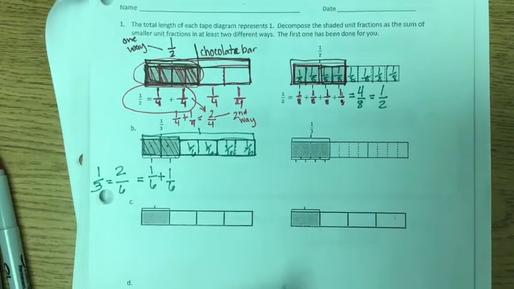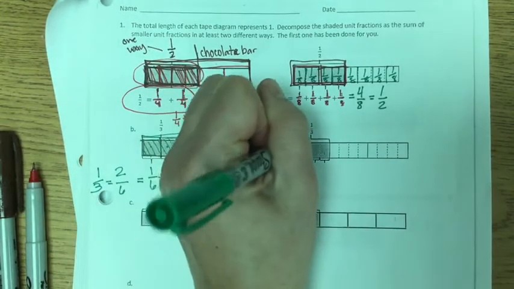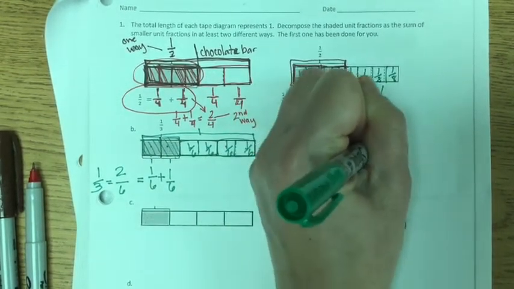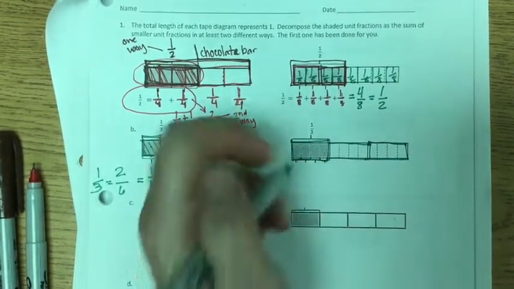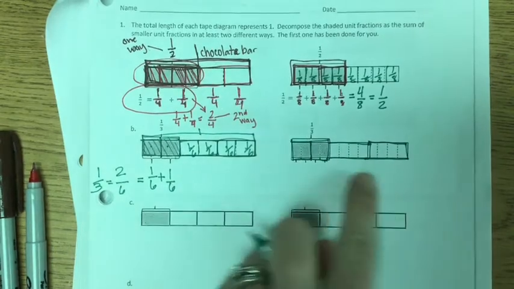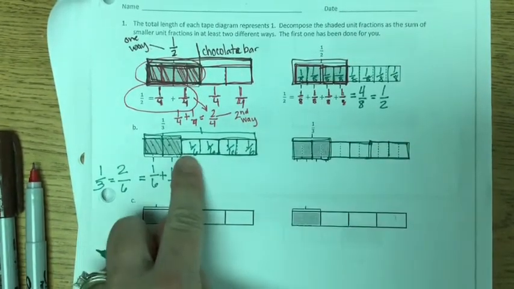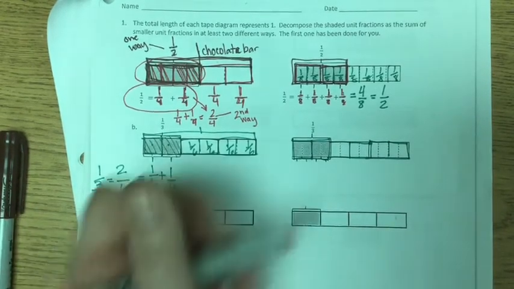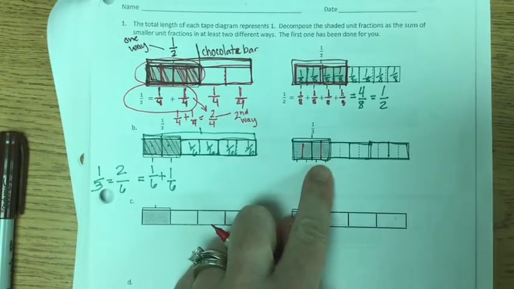All right, come on over here. If you look, I still have over here in my next picture my thirds. And if you look right here, now this picture is the same as this picture. But someone has taken your chocolate pieces and cut them in half again.